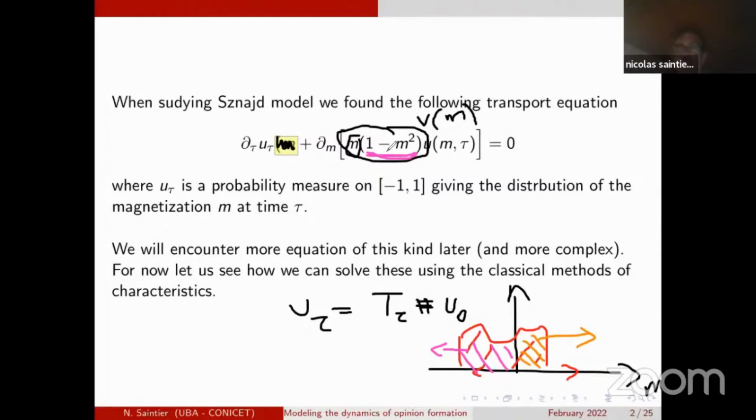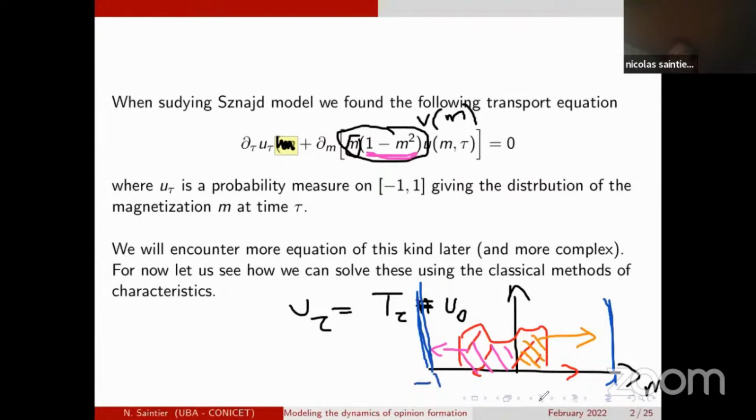But except for that, the only thing that is stopping the dynamic is that the vector field V is becoming smaller and smaller when I come closer and closer to 1 and minus 1, meaning that my mass will now accumulate at 1 and minus 1, forming two Dirac masses.